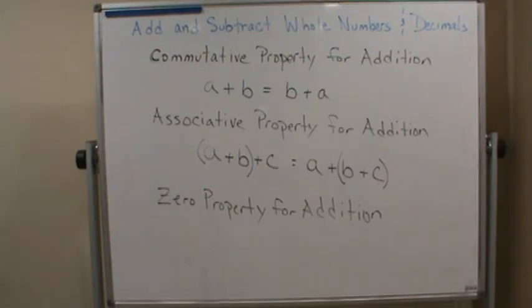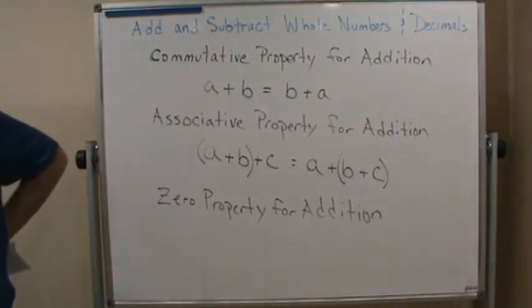It means there exists a number such that if I add that number to any other number, I will get the same number back.